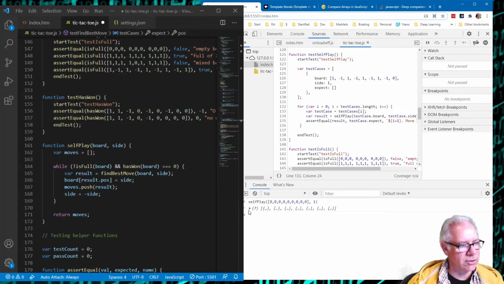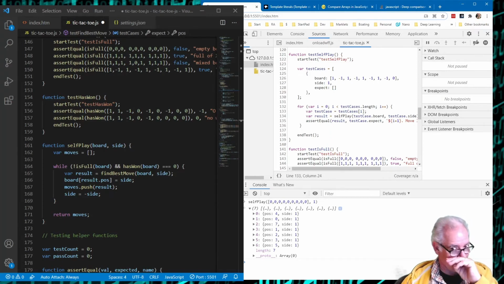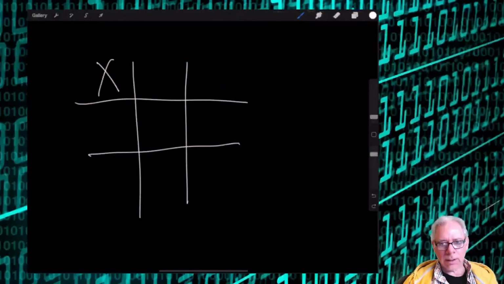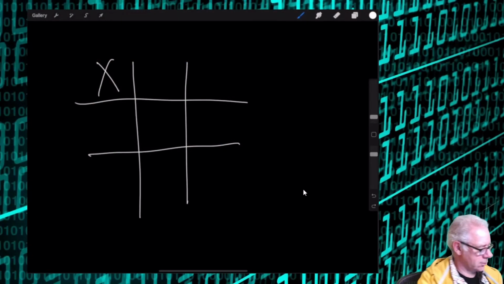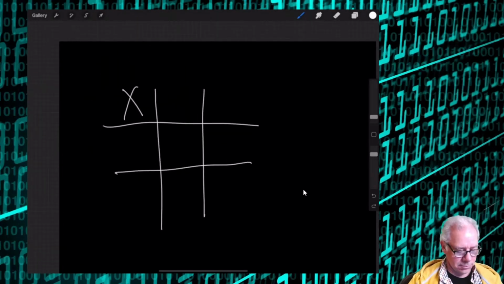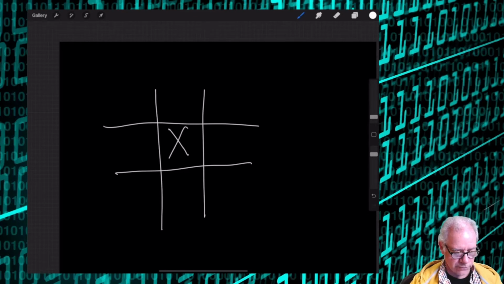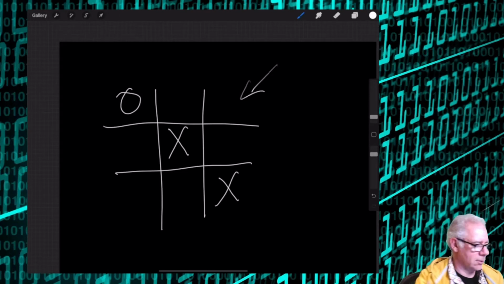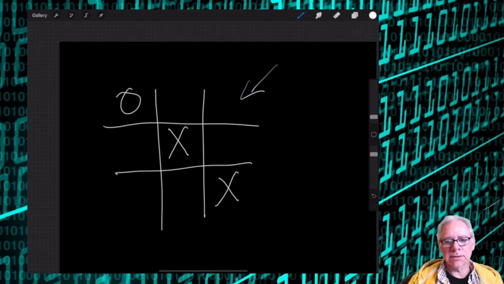That thing is returning a weird sequence: position 4, position 0, position 7. And here we're saying that we expect O to be played in this position in order not to lose. So let's go ahead and test for that.